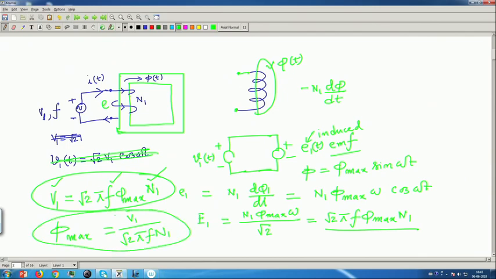Mind you, in case of alternating magnetic circuit, if you apply an AC voltage, the level of flux phi max is decided by whom? By the supply RMS voltage, by the supply frequency and number of turns.